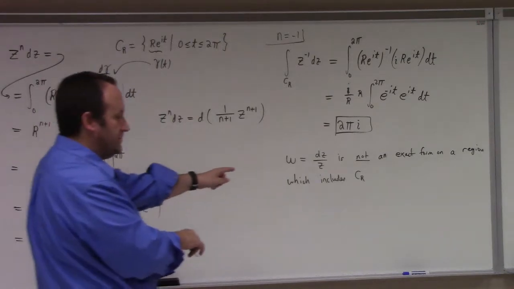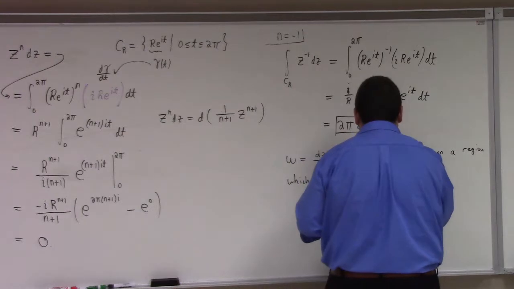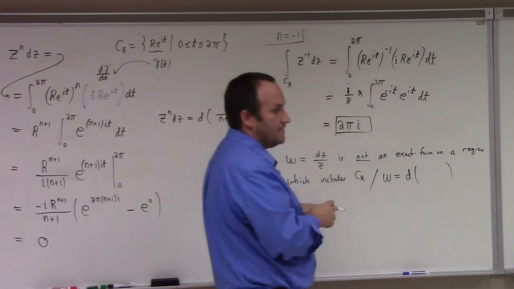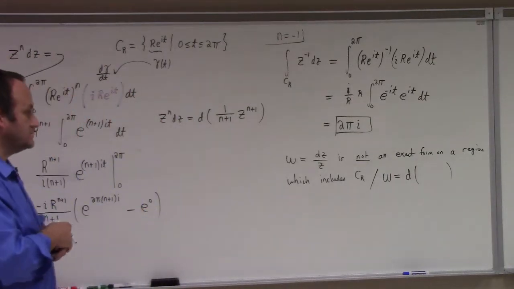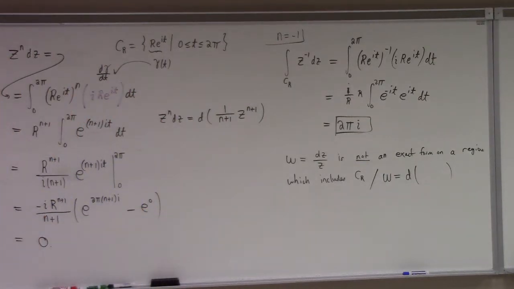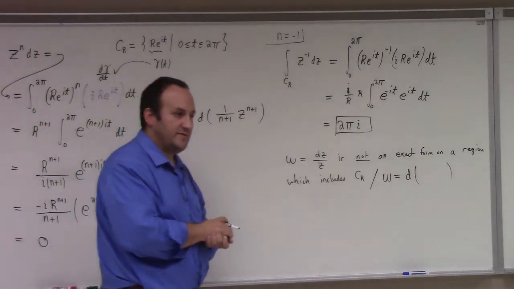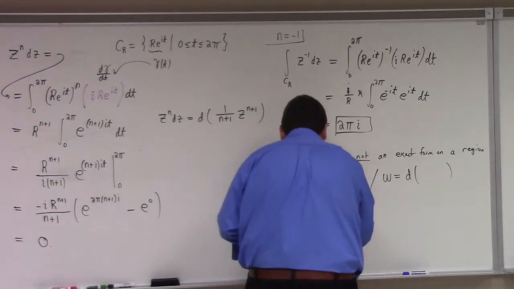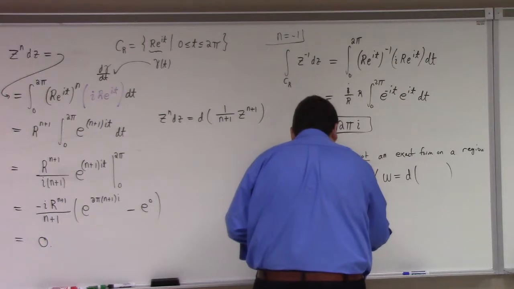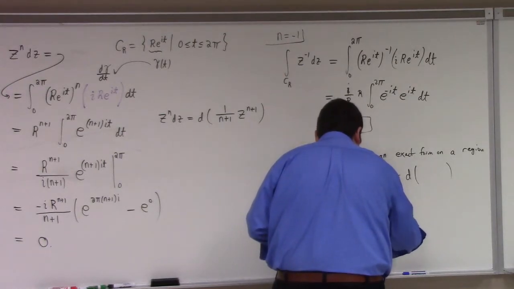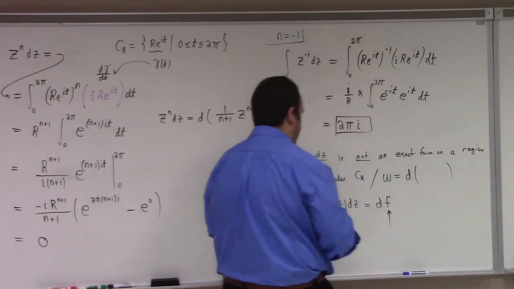Now, how about this one? If I tried to write omega as the differential of something, what would that something be? In other words, I'm asking omega is equal to f prime of z dz for what f? What f would I put there?